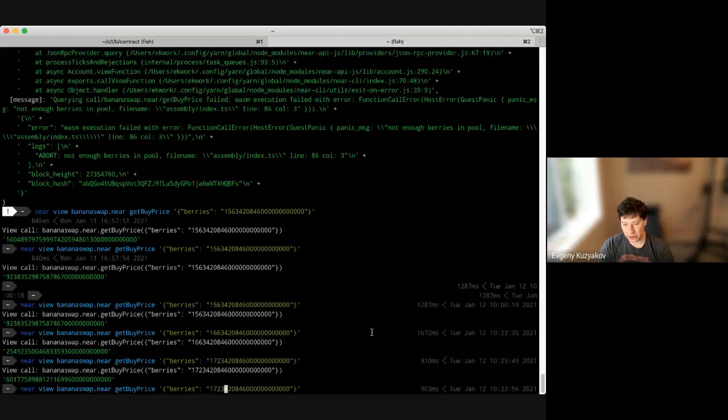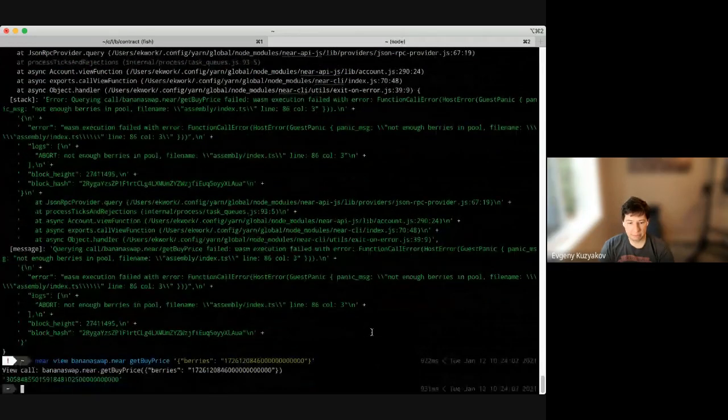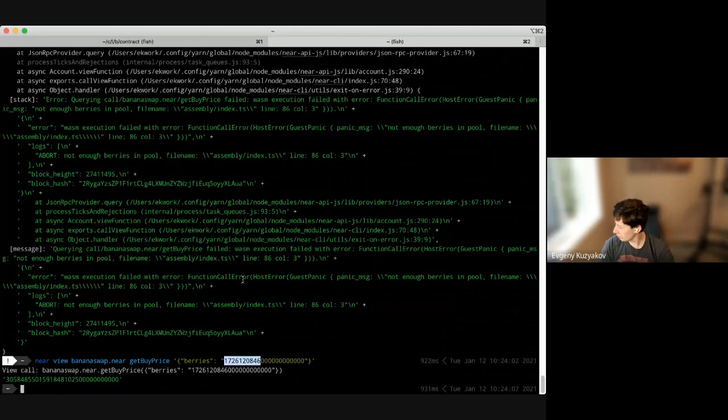If I adjust this number to something close but not overflowing, then I'll be able to bring the denominator on the new balance to 1, and that will allow me to get the maximum product.